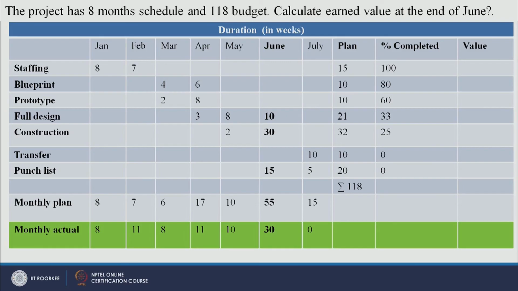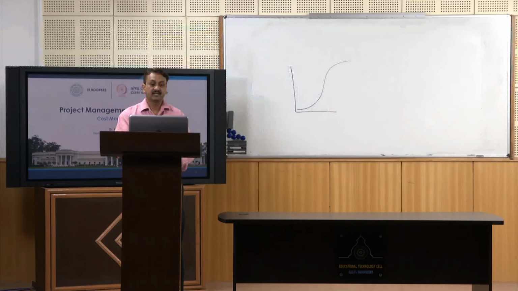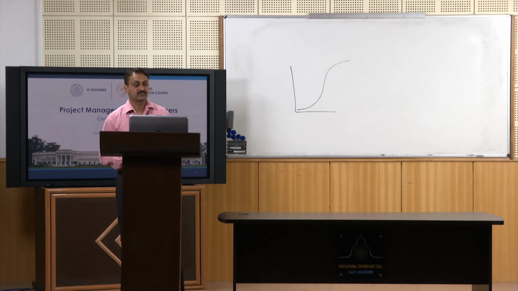Now let us look at this particular example and find out the earned value at the end of June. This is a project whose duration is 8 months and its budget is 118. It is 118 hundreds or 118 thousands, it is up to you.